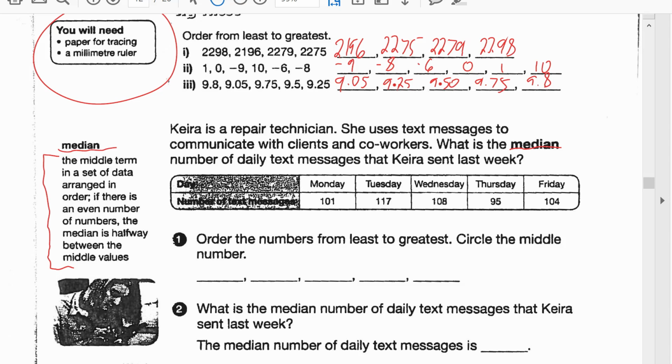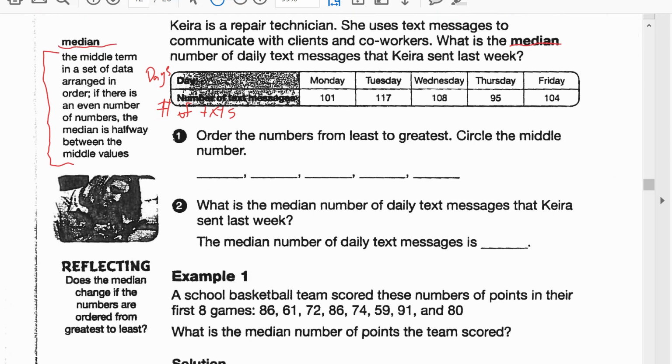Okay, so we have days and number of texts. Order the numbers from least to greatest.